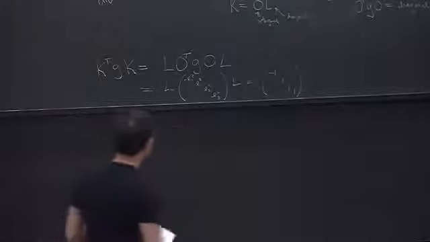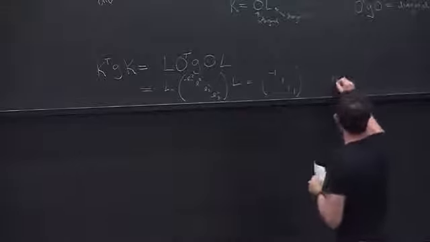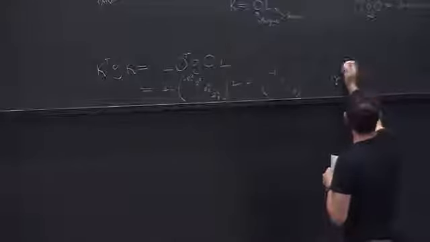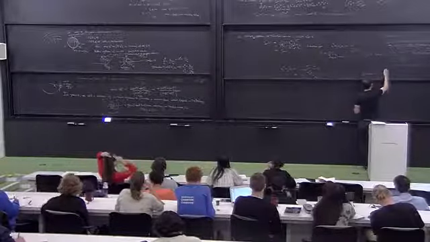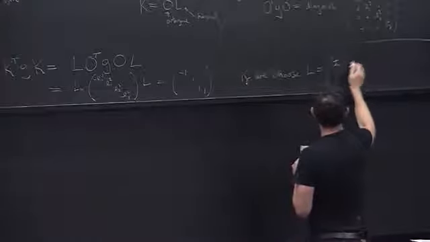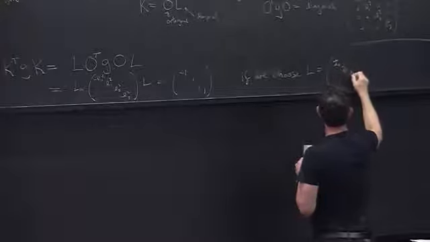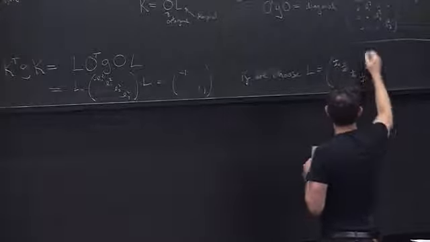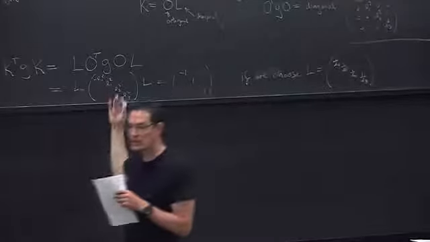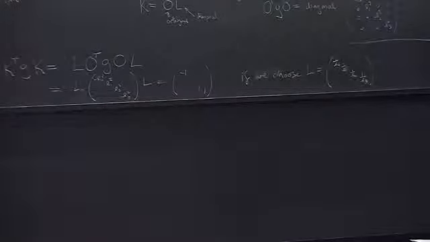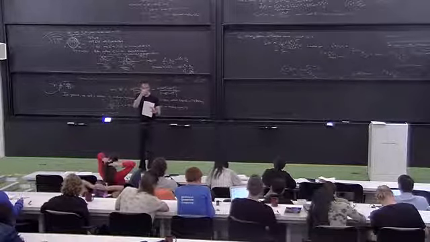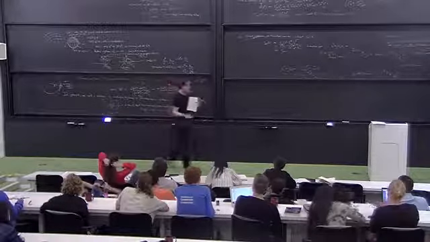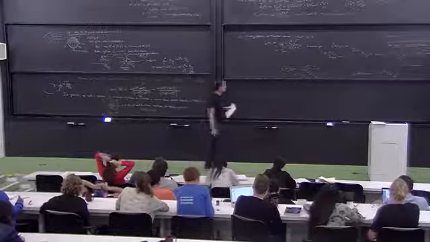1 over L naught. Okay, if we choose L equal to diag of 1 over L naught, 1 over L1, 1 over L2, 1 over L3, we've explicitly constructed the matrix K, which will take the metric from being some arbitrary symmetric matrix with the right sign for its eigenvalues into the Minkowski metric.